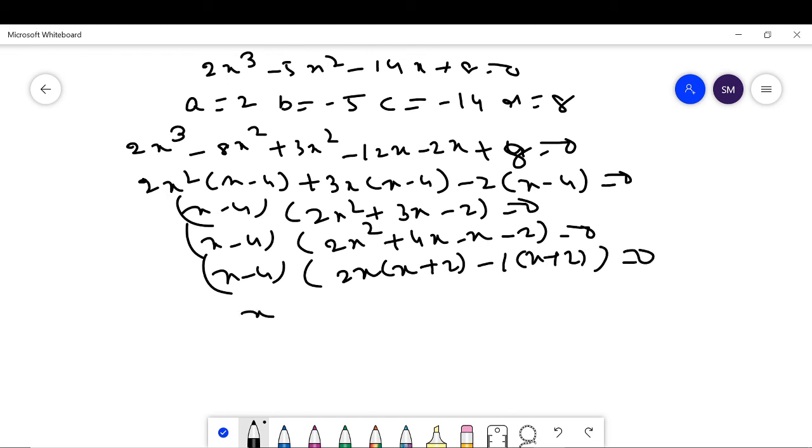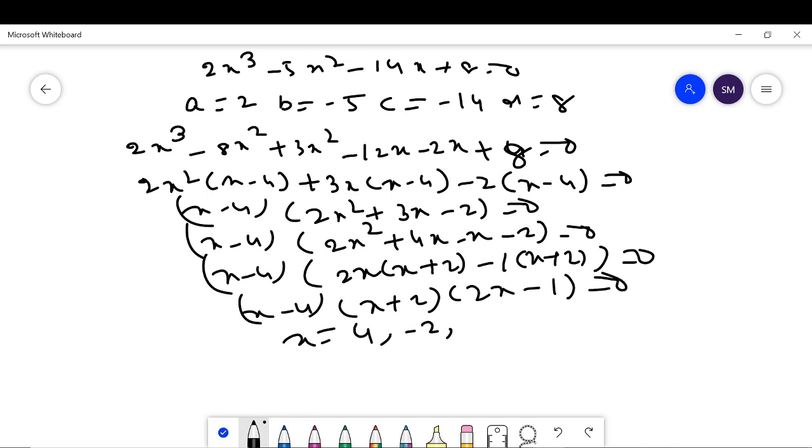Then we get x minus 4 into x plus 2 into 2x minus 1 equal to 0. Here the zeros of this polynomial are 4, minus 2 and half. Then alpha is 4, beta is minus 2, gamma is 1 upon 2.